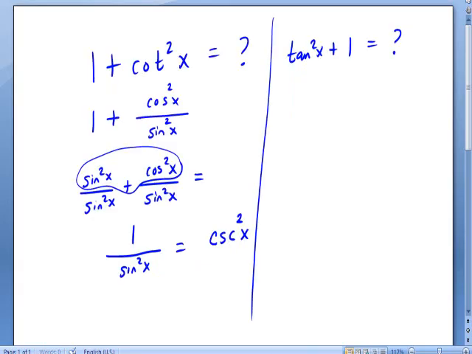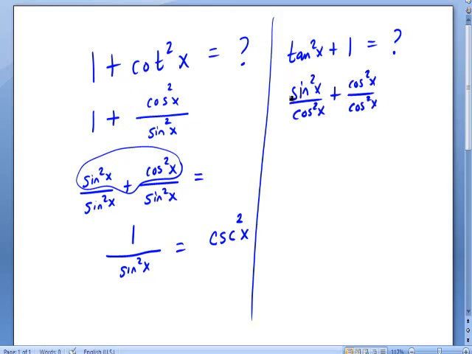Alright, for this example, we can use a similar approach as what I have on the left-hand side of the slide. I can take and rewrite this tangent squared as sine squared over cosine squared. I can rewrite the 1 as cosine squared over cosine squared.